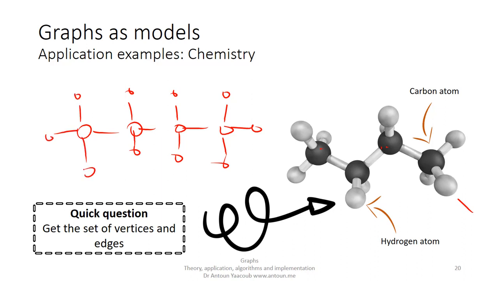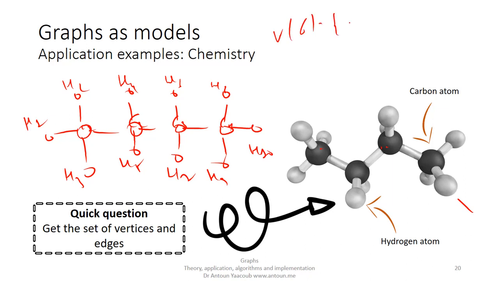If I want to name those vertices, I will call them C1, C2, C3, C4, and I will start with H1, H2, H3, 4, 5, 6, 7, 8, 9, 10. So what is the set of vertices? It's equal to C1, C2, C3, C4, and H1 to H10.